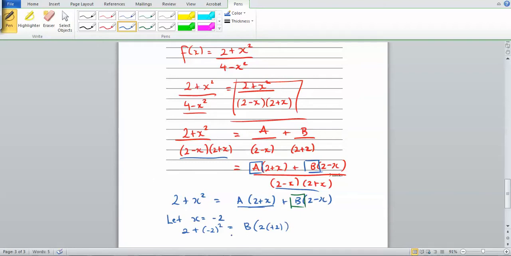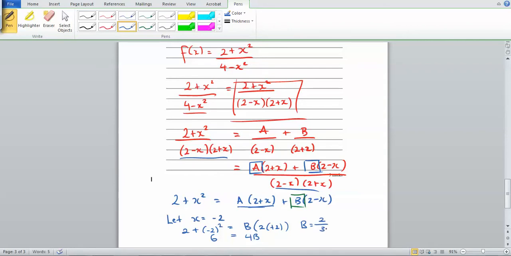So 2 plus 2, we've got 4b is equal to 6. So we've found what b is. b is equal to 6 over 4, or 3 over 2.